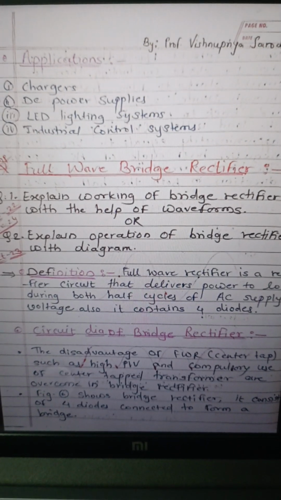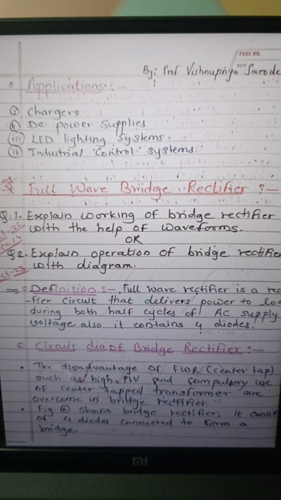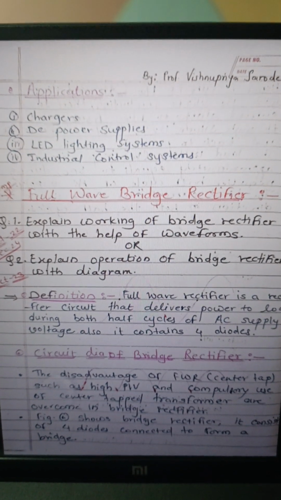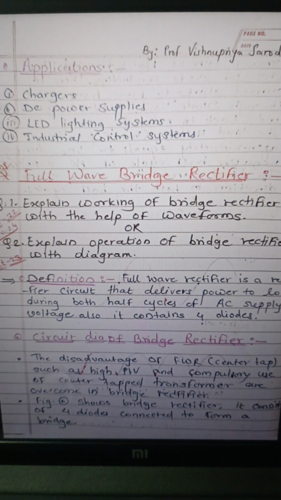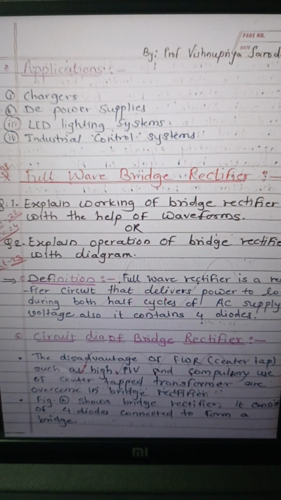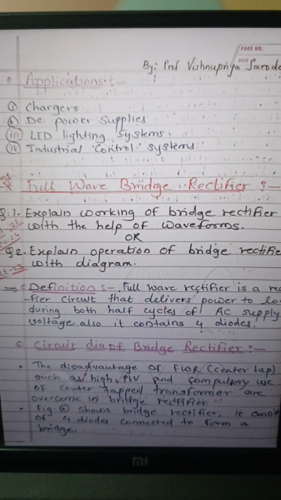In the center tap full wave rectifier, as we know, it requires a center tap transformer, means center tapping is necessary, but in the bridge rectifier there is no need of center tapping.